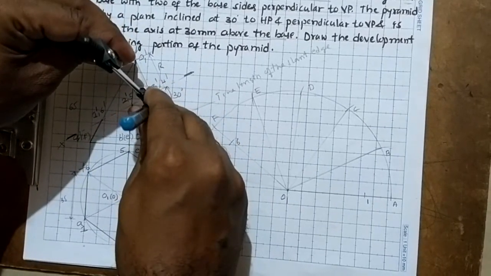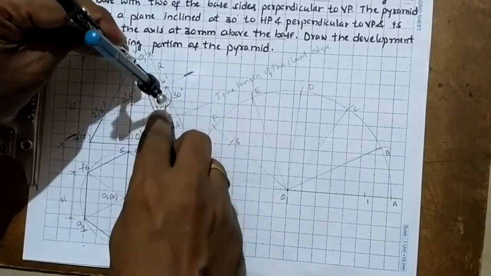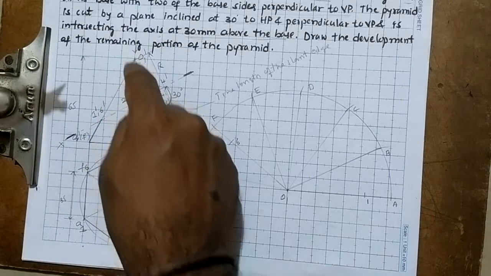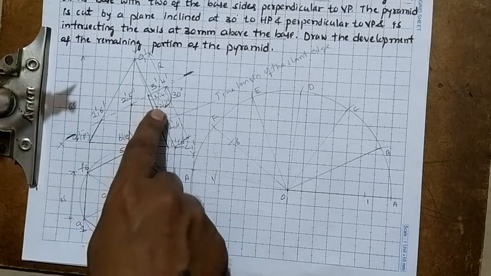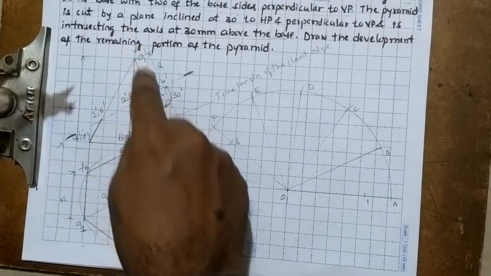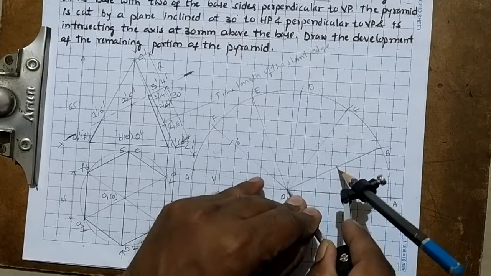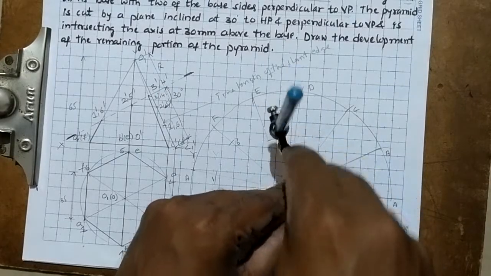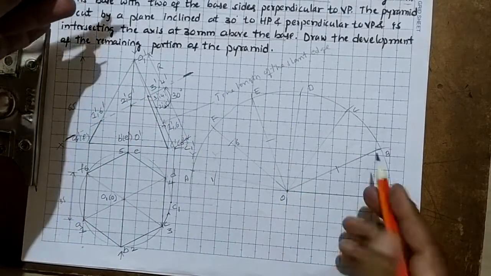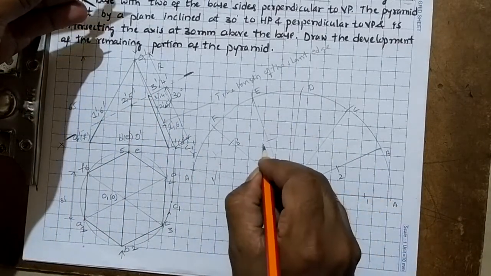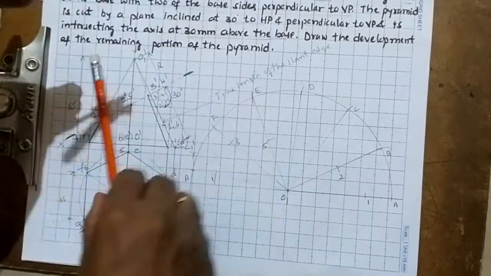Next you measure the section points here. How many? 2 and 5. 2 lies on O1B, 5 lies on O1E. This is point number 2 and this is point number 5. Then 3 and 4.